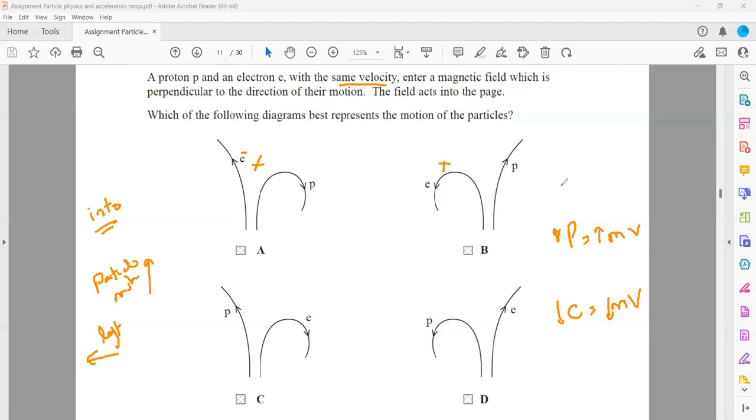If its momentum is high, it will have a large radius of curvature, it will deflect less. There will be deflection, but a small deflection. That's why D shows a large deflection, but C shows a small deflection. That's why C should be the right answer.